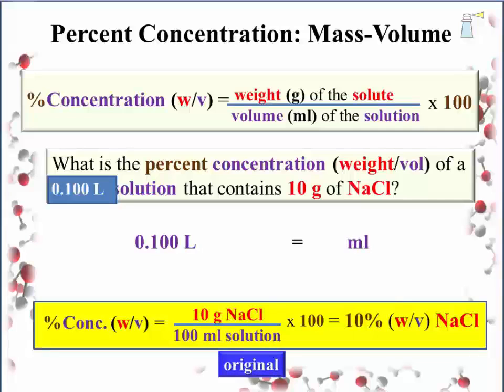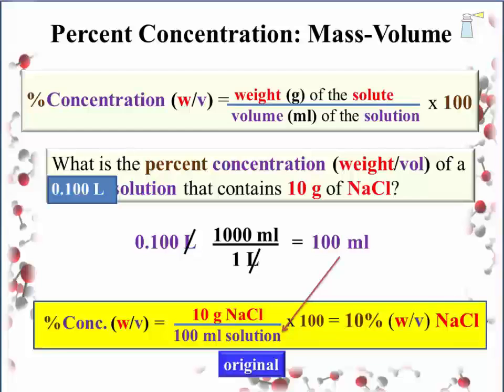The given units are 0.100 liters, and using the metric conversion into milliliters, oriented to cancel liters, will produce the desired units of mL, 100 of them. Yes, this is the same value as the original problem, so the answer will be the same 10% weight to volume NaCl solution.